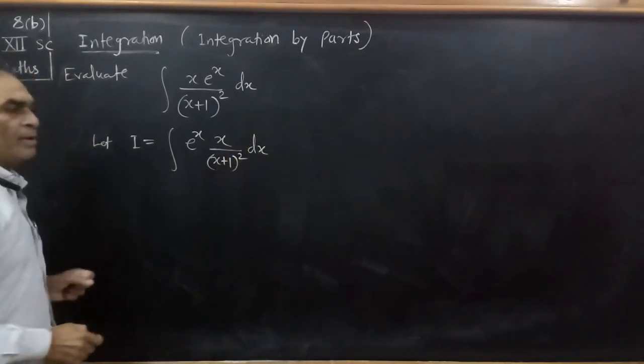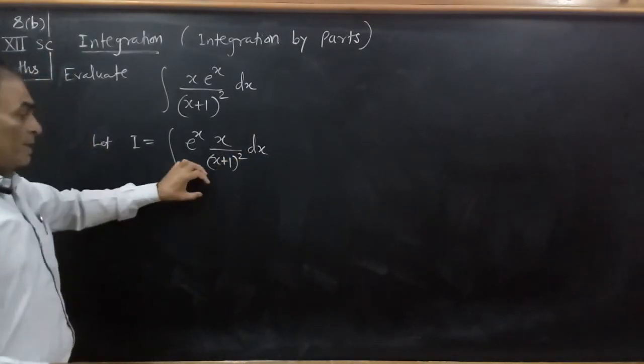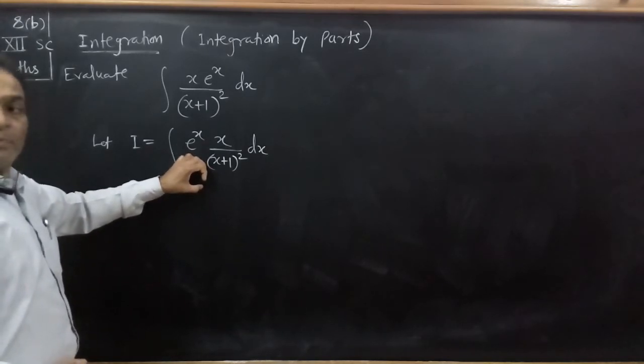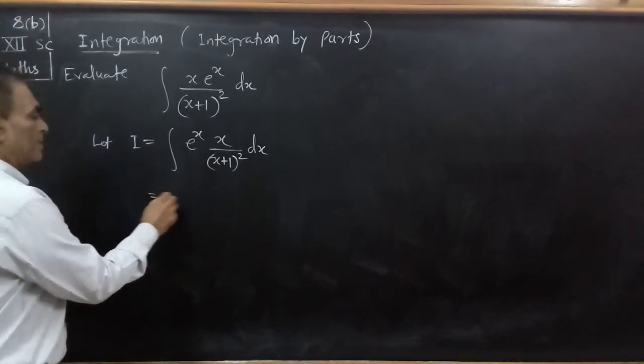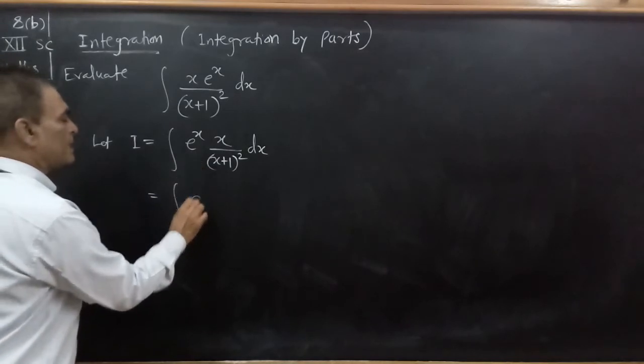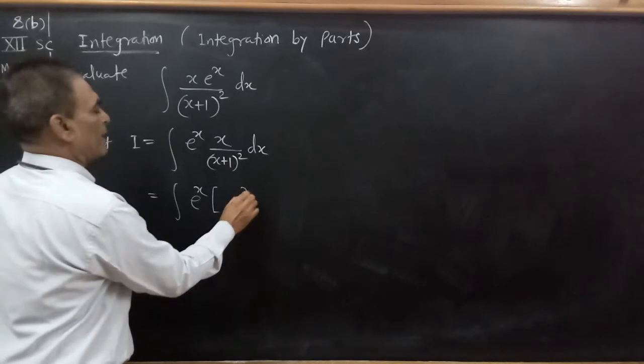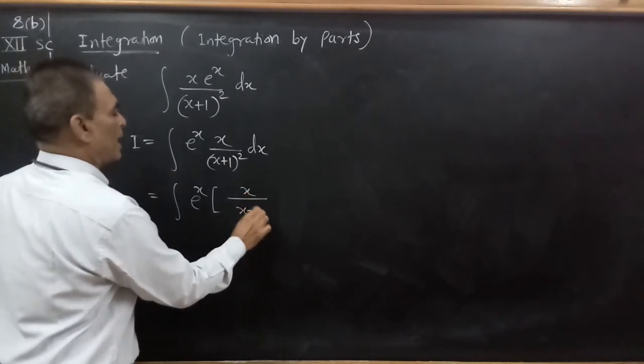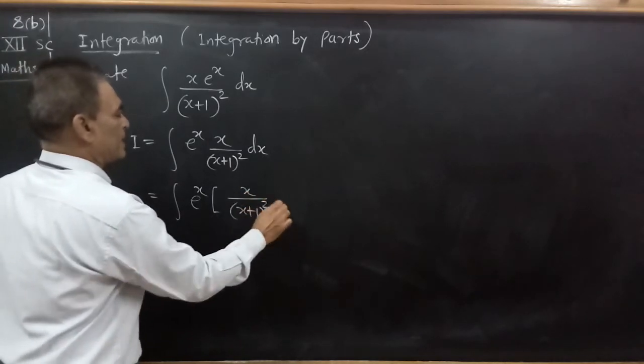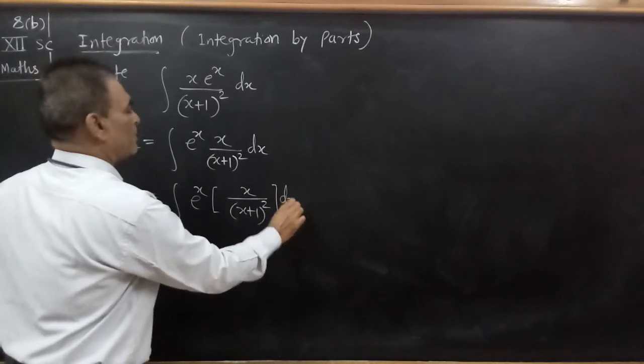Convert this given question into our standard result. Our standard result is like this: e raised to x outside the bracket, and in the bracket a function and its derivative. The sum of the function and its derivative is there.